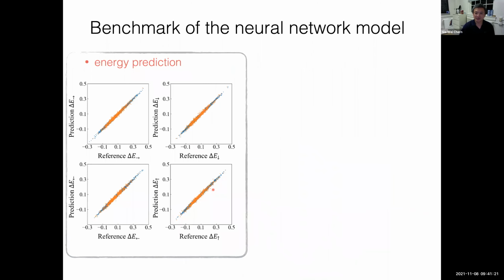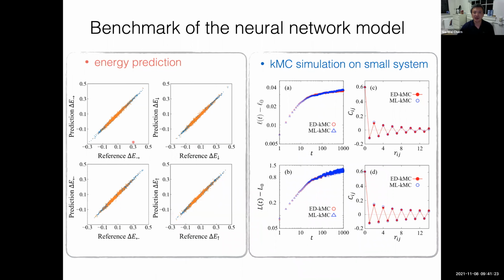Okay, so this slide shows the benchmark of our neural network model on smaller systems. This is the prediction of the energy. And here is the kinetic Monte Carlo simulation on smaller systems. And you can see that although there are errors with the prediction, the overall agreement is pretty good.